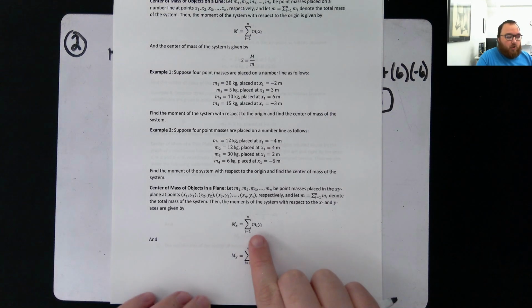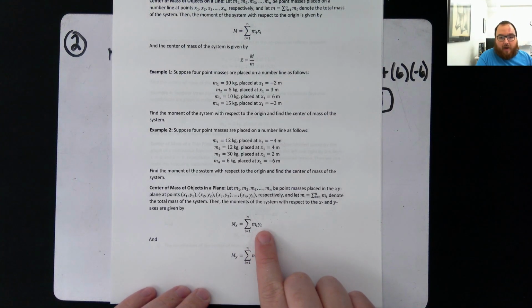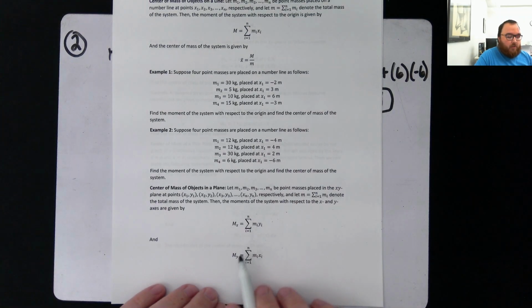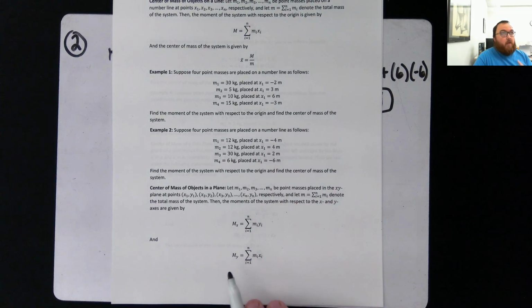So every mass times every Y, and the same thing, the moment for the Y's is going to be every mass times every X, because if Y stays, what happens to the X's?